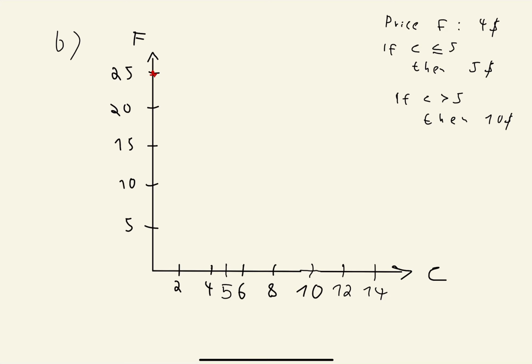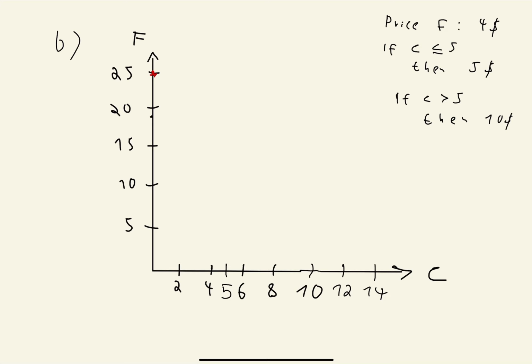Therefore, we have $75 left for food. And now we need to calculate how much food we can buy with $75. So this is then 75 divided by 4. And this gives us 18.75. And I would say this is roughly about here.